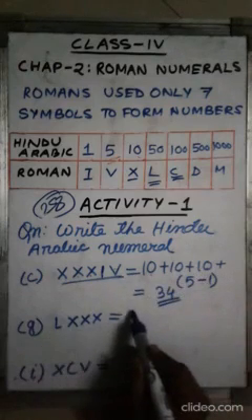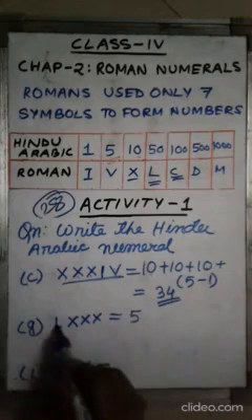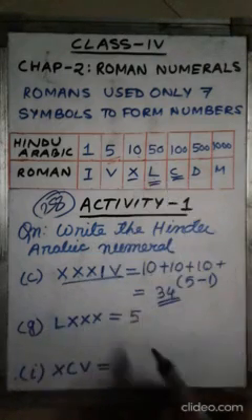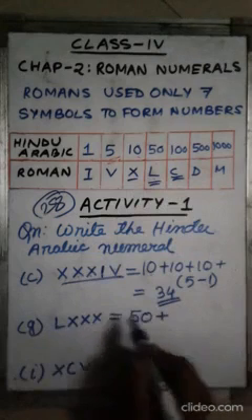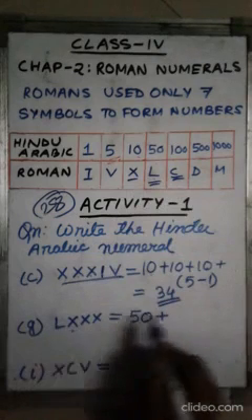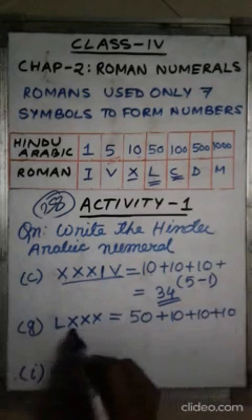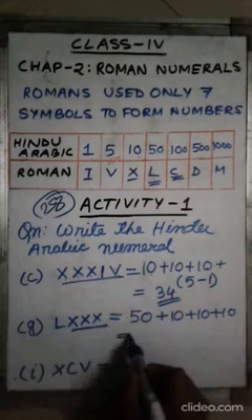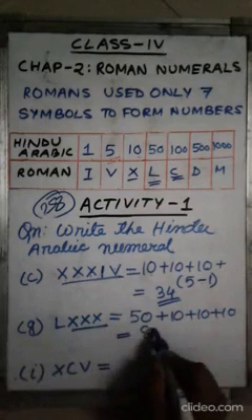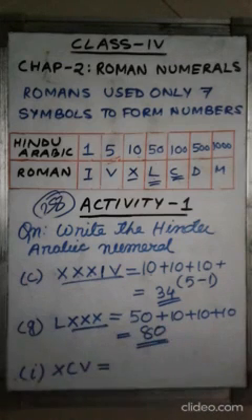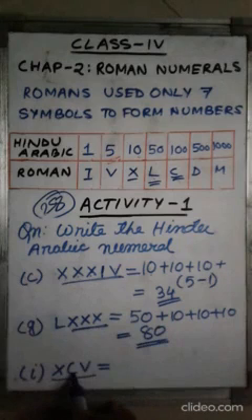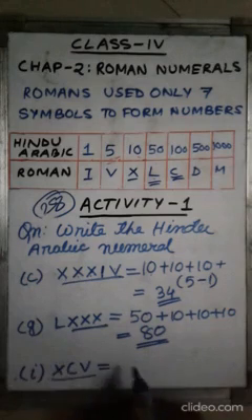For this, it has value 50 plus 10 plus 10 plus 10. It is repeated, so the value is 80. For this, this is the greater value and this on the left side has a smaller value.